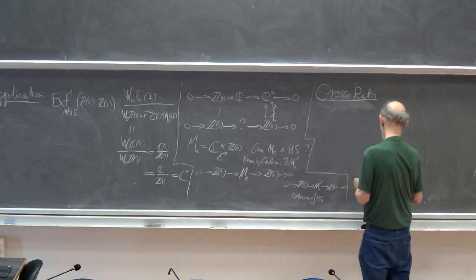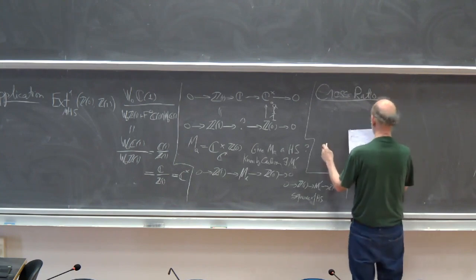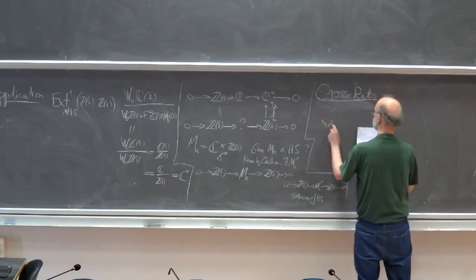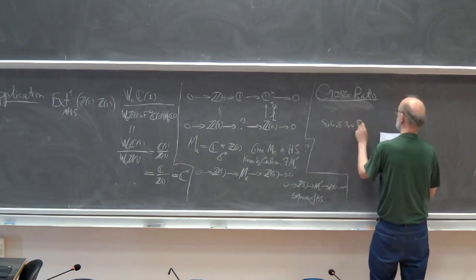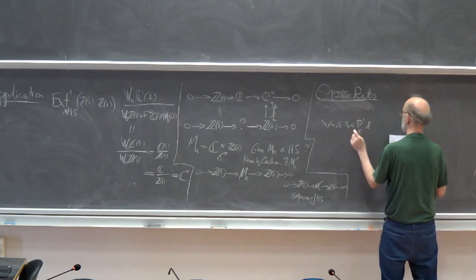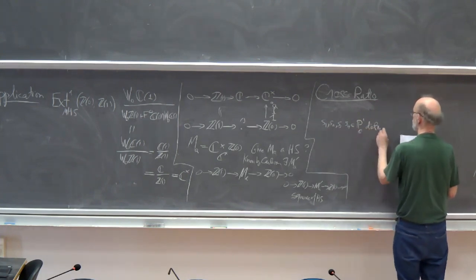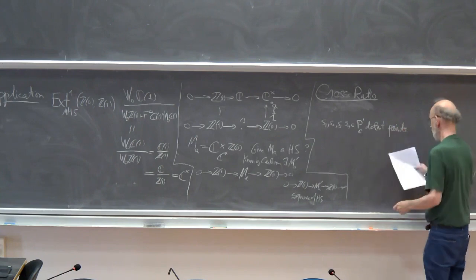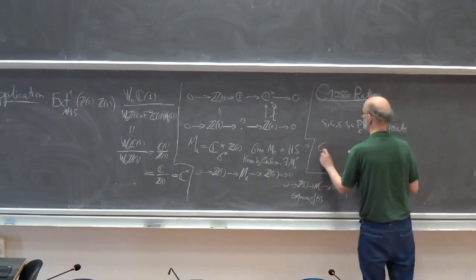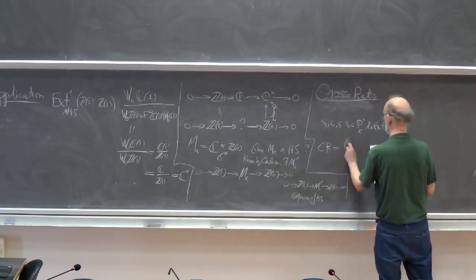We'll write it down here. Yeah, so if we take S1, S2, S3, S4 distinct points in P1 C, then the cross ratio is, well, at least my version of the cross ratio, I mean, there's some choices here.